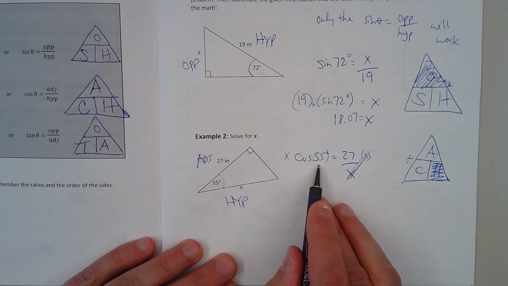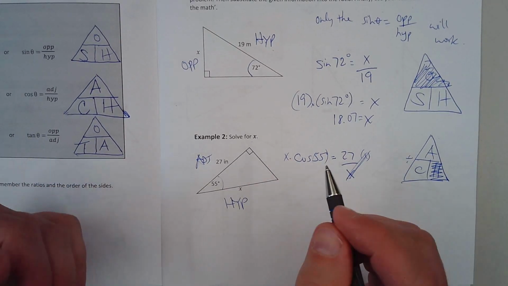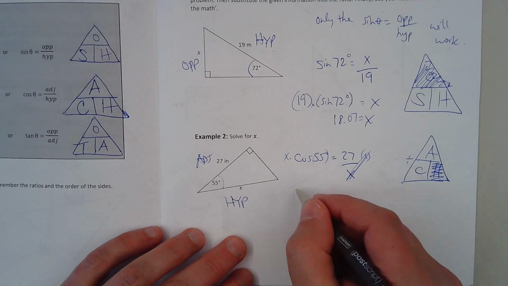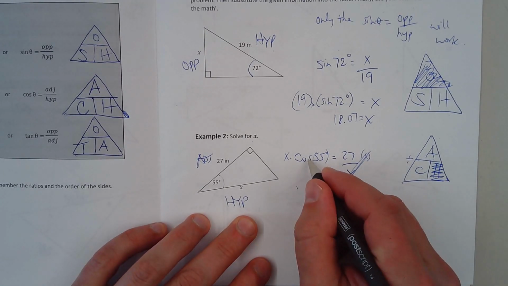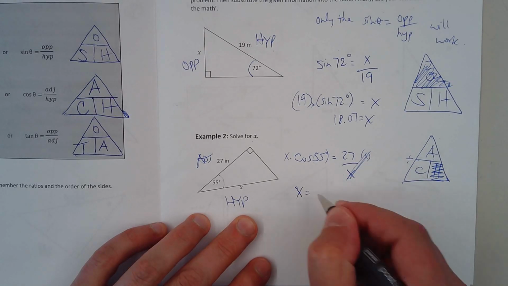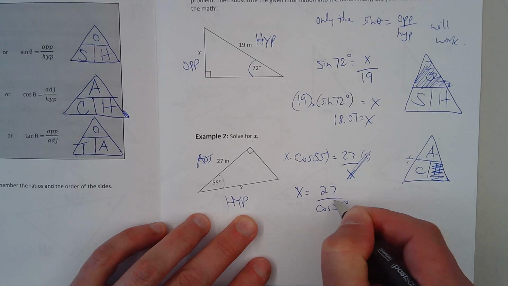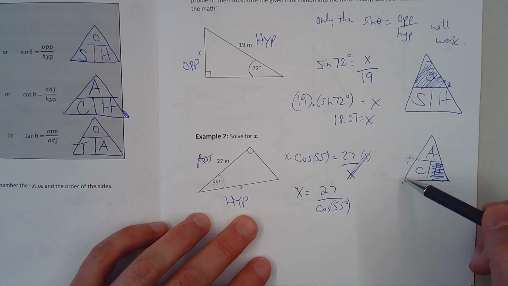Then x is being multiplied by cos 55. I don't want it there. How can I get rid of something being multiplied? Divide it. So in practical terms, the x switches spots with the cos 55. You end up with x equals 27 over cos 55, which is what the pyramid told me to do anyway.